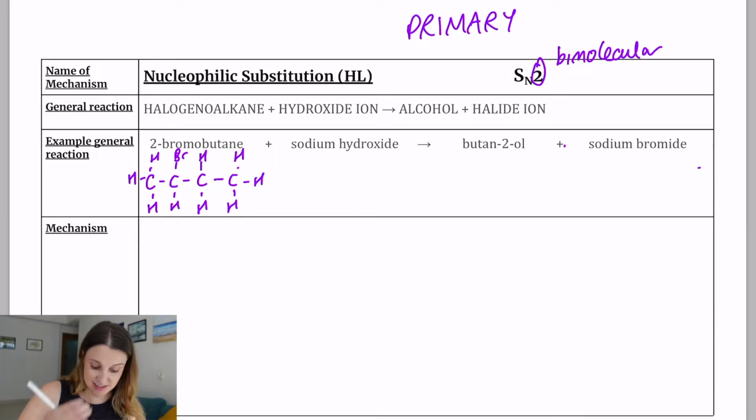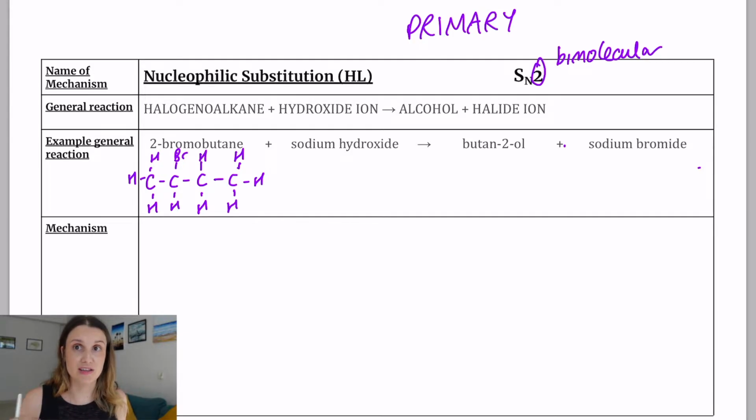The truth is I also wanted to demonstrate to you what happens to the stereochemistry in this reaction, because SN2 shows an inversion of stereochemistry, which only really observably happens with things that have chirality. This is the simplest thing that has a chiral center.